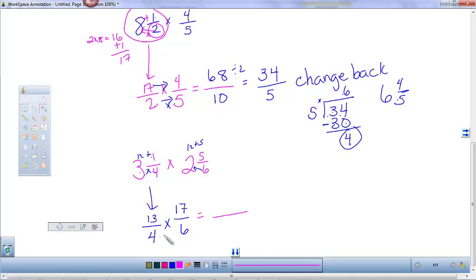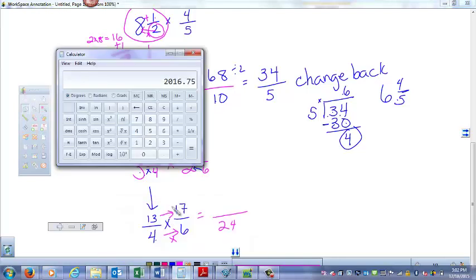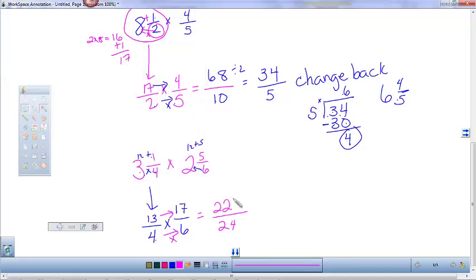And then we have to directly multiply. 4 times 6 is 24. And now I have to try to get 13 times 17. 13 times 17 is 221.